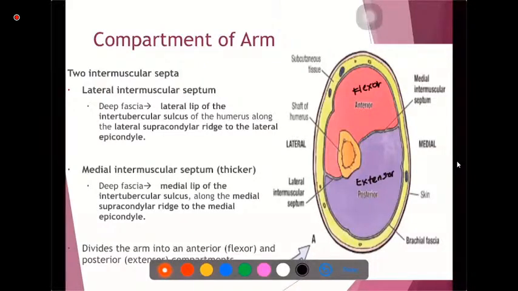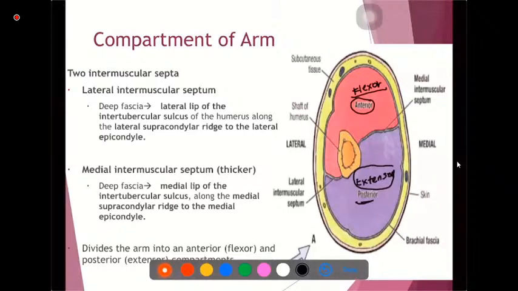There are exceptions, of course. The muscles in the anterior compartment flex the arm, and the muscles in the posterior compartment extend the arm.